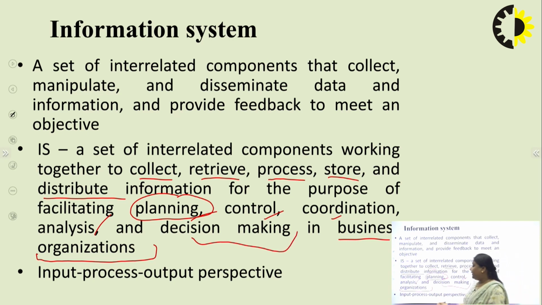The perspective that we use in information system is input, process and output. Some input is given to the information system, then there is some processing on that raw data, like calculating, sorting, analyzing, and then we get some output.